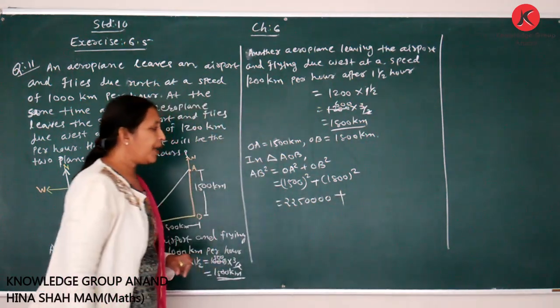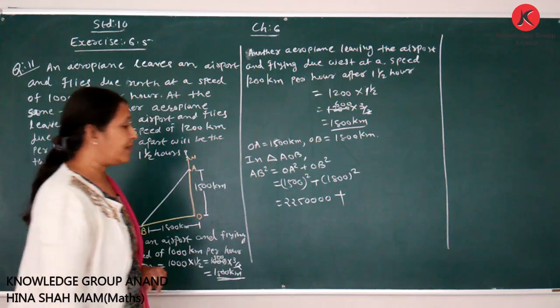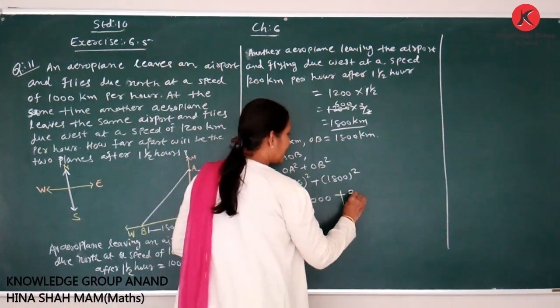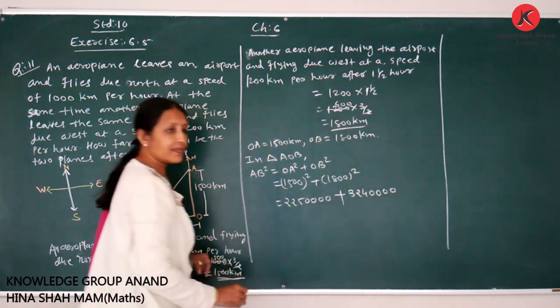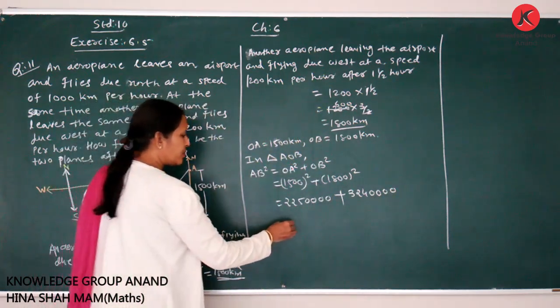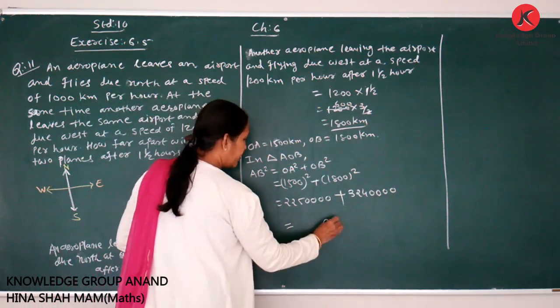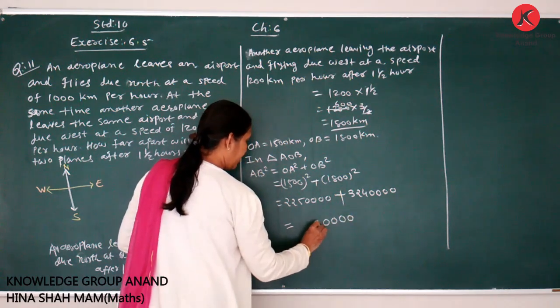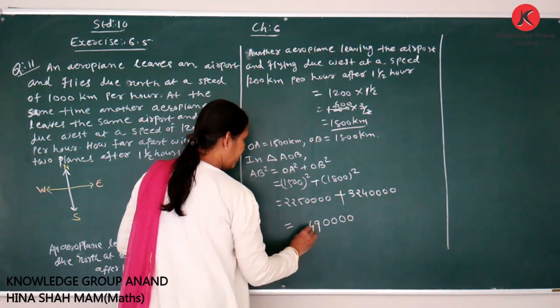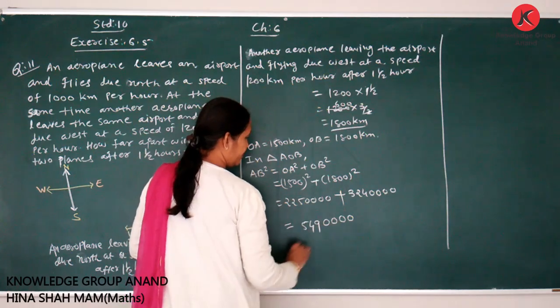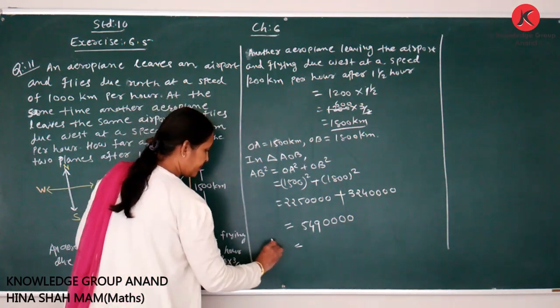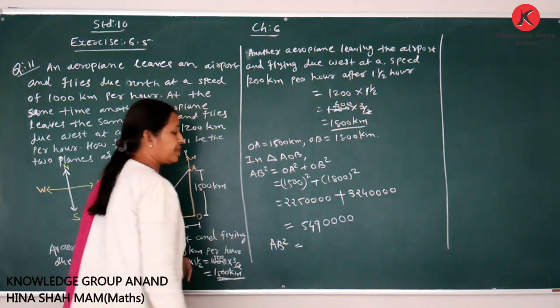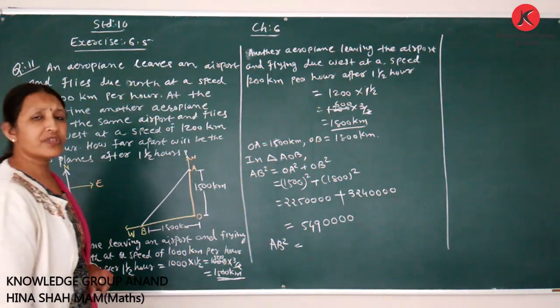That is 225,000 plus 1800 square, 324 with 4 zeros. Then the sum of these two numbers is 549, with the zeros, 54900.